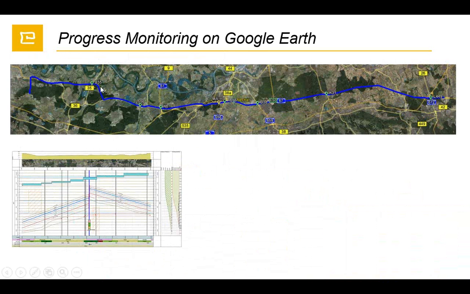This is the Google Earth view, and here we have our 100 kilometer project, intersection profiles, and our schedule. We can combine both of them in one view. These thin lines are the works in this blue area. This is our right of way working area, and to be able to display these tasks, we are representing them as lines under this blue line, and we can have a simulation.